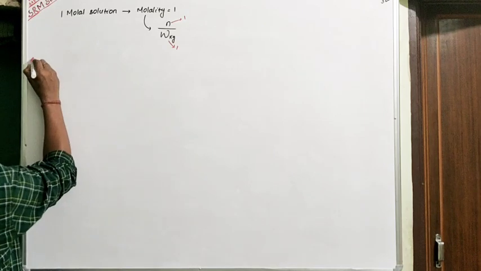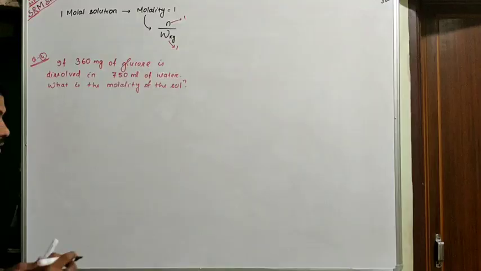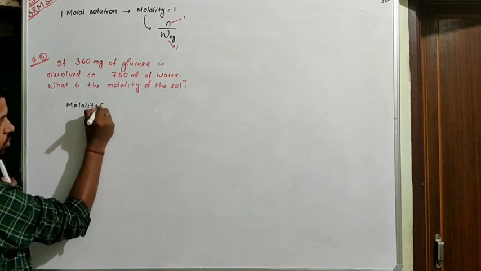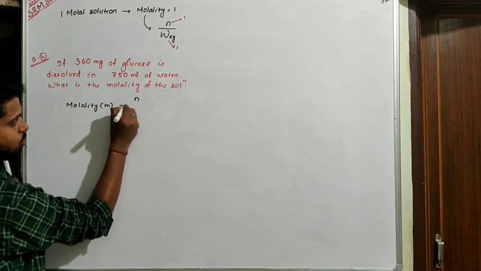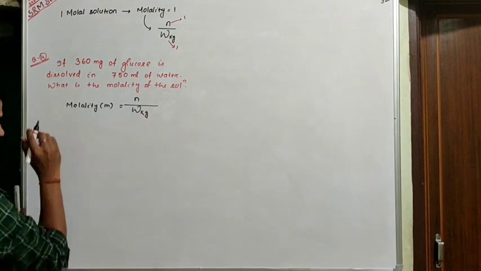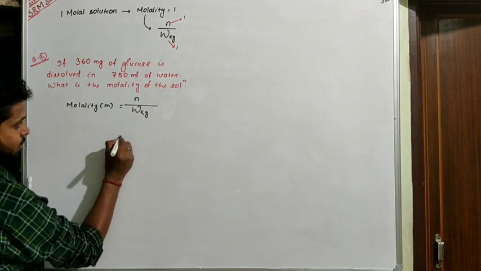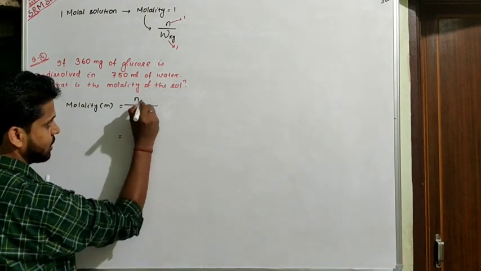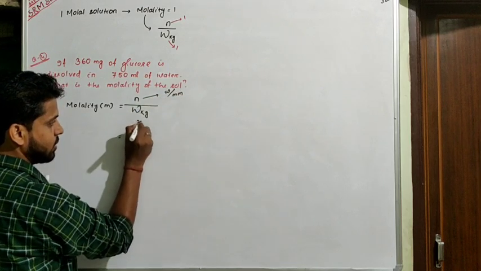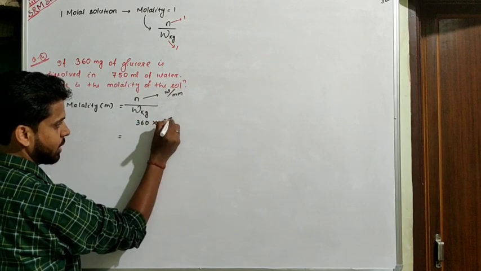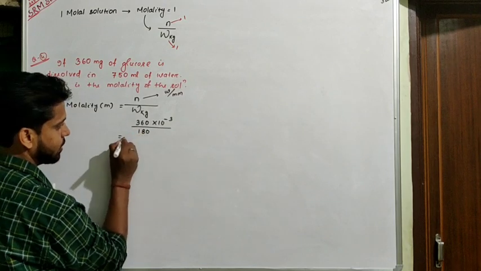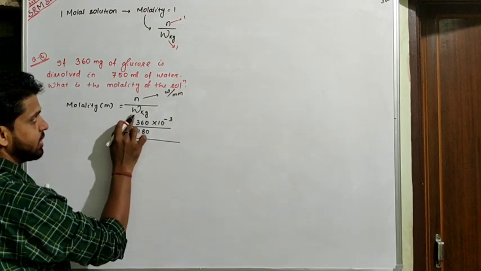Now we are doing another problem. What is molality? Molality equals number of moles per mass of the solvent in kg. 360 milligram, that is n, is mass of the solute by molecular mass, 360 into 10 to the power minus 3 divided by 180 for glucose, divided by mass of the solvent in kg.